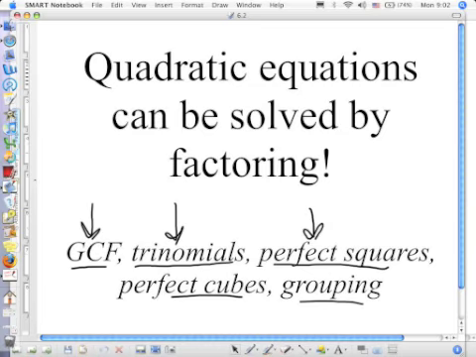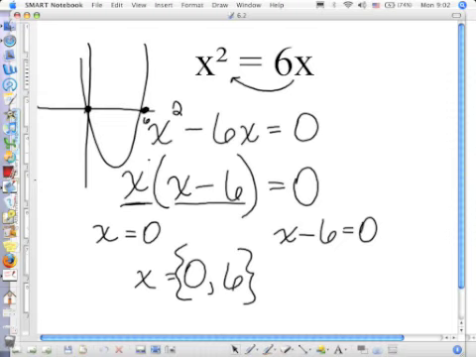We had factoring perfect squares, the difference of perfect squares, perfect cubes, and grouping. 99% of the problems we work will involve greatest common factor, trinomials, or perfect squares. We're really not going to be seeing perfect cubes or grouping, but I wanted to remind you what the ways of factoring were. Like the ways of the Jedi.